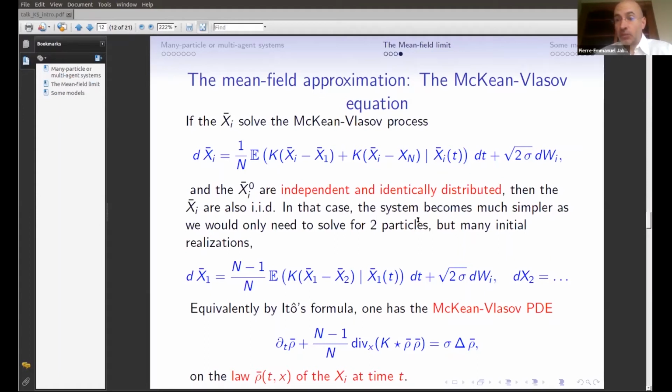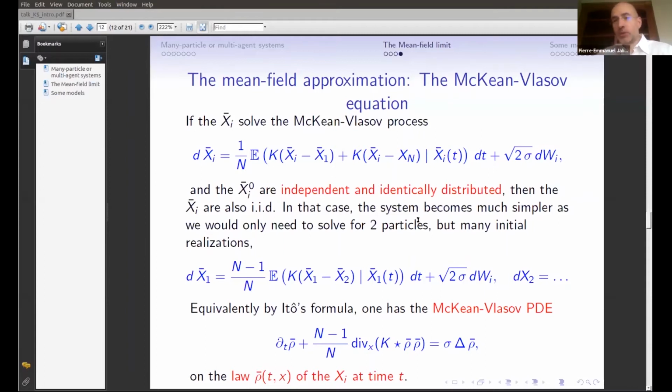And because I'm doing PDE, of course, I'm greatly tempted to first look at the law of each x bar i. Sorry, there's a typo, there's x bar i at the bottom. And if I'm using Ito's formula, I get an advection transport equation for the law, which is the McKean-Vlasov PDE. And that is this equation on rho bar.